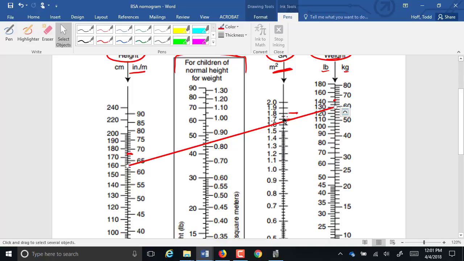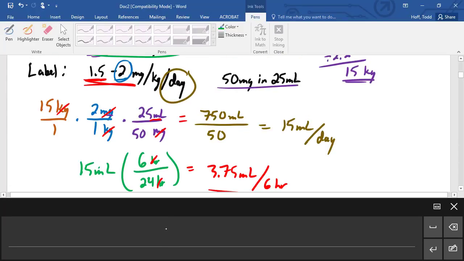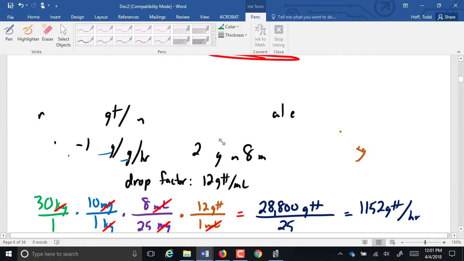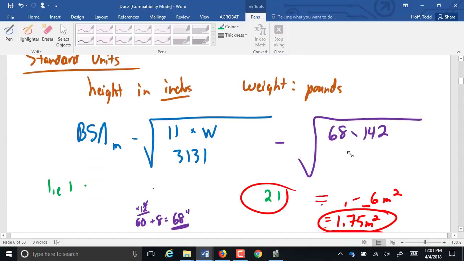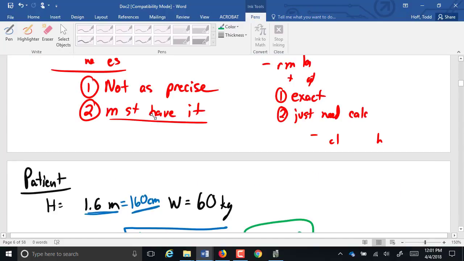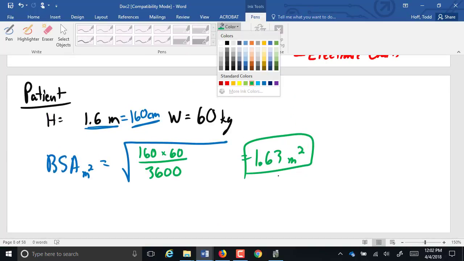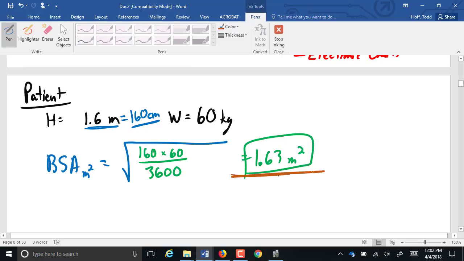So I'd say 1.65 something. 1.65, double checking. We had 1.63. So again, the nomogram is close, just a little bit off. You can see most of our examples so far, the nomogram has been giving us a number slightly high compared to the formula.